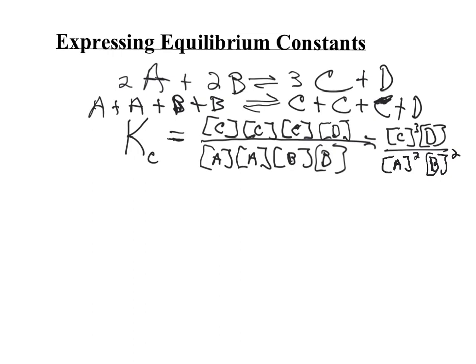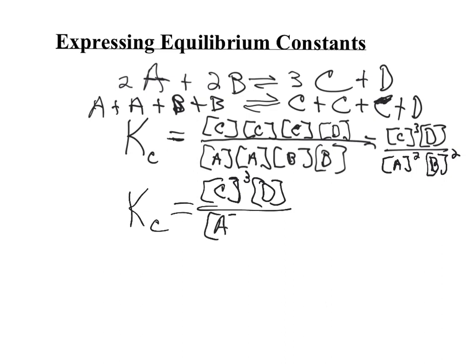So we can write out our equilibrium constant as then C cubed times D times A squared times B squared.